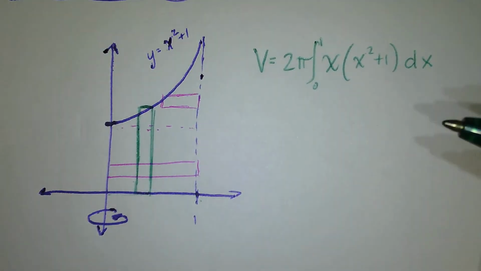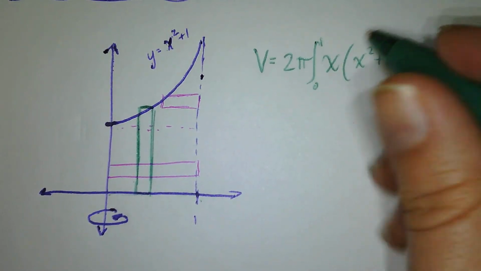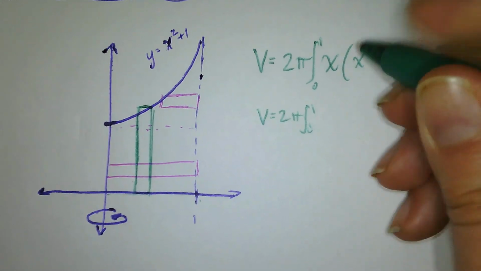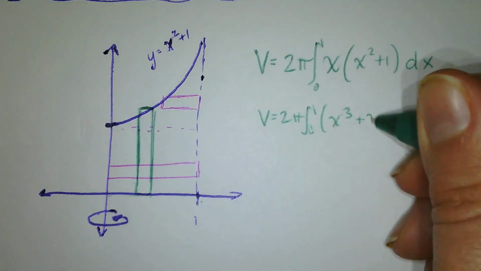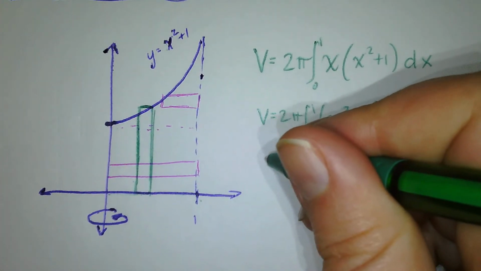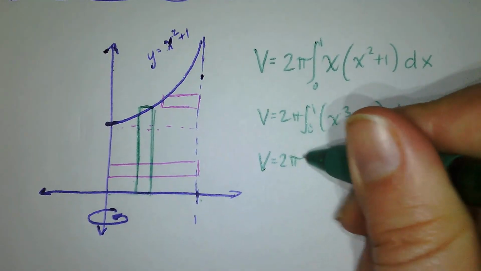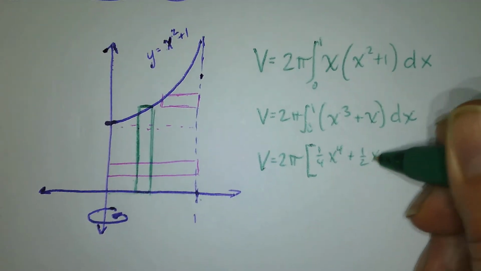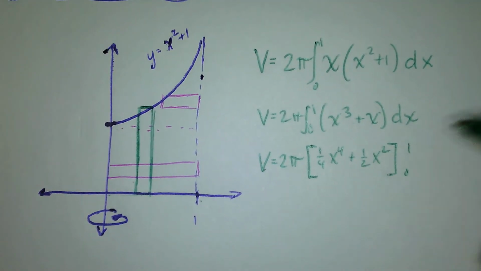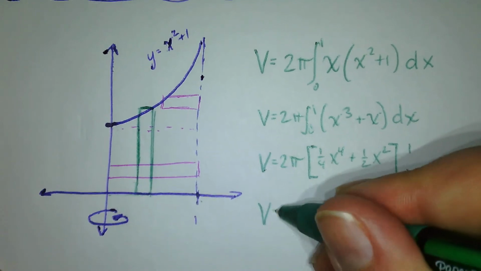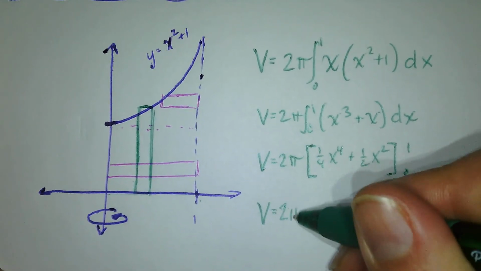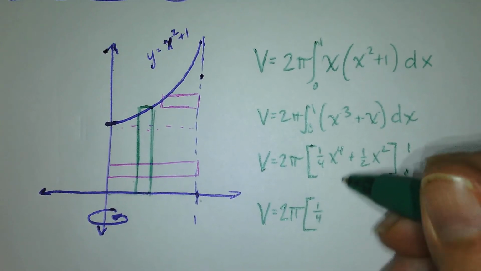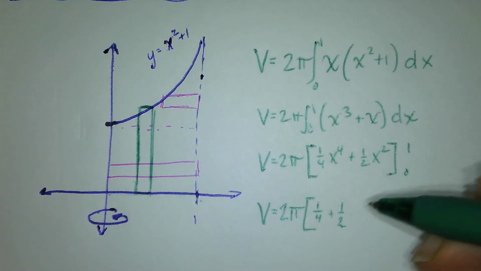All right, let's see here. So we're going to go from 0 to 1 of x cubed plus x dx. Let's integrate. 1/4 x to the 4th plus 1/2 x squared from 0 to 1. When we plug in 1, we get 1/4 plus 1/2.